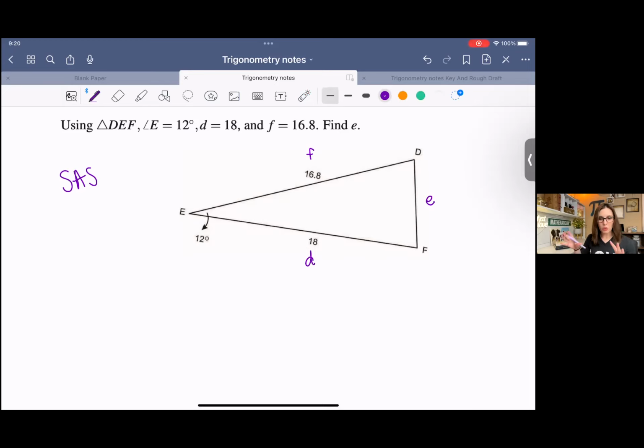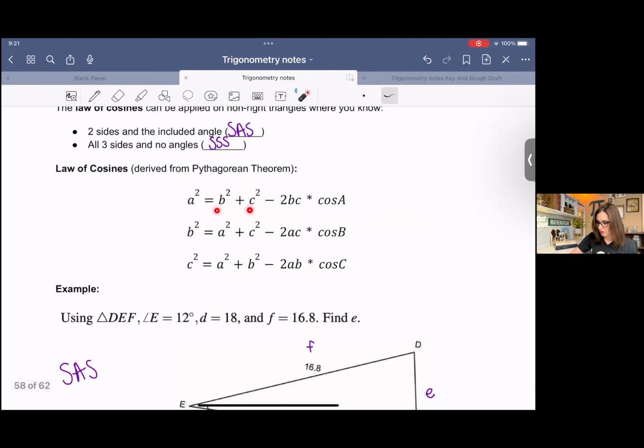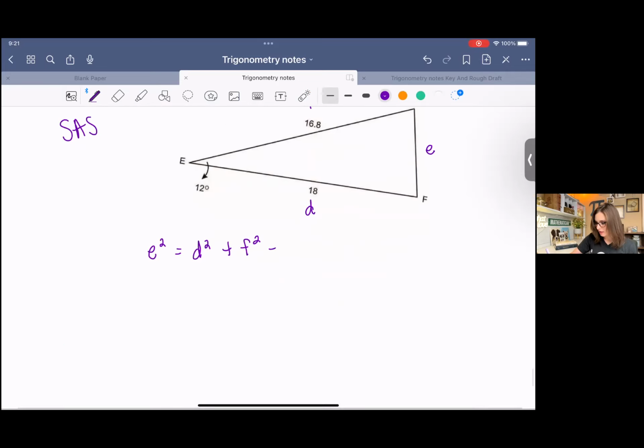So I'm just going to write it out with the variables, with the letters in there, and then we can plug in the measures. So E squared is equal to D squared plus F squared, from here, two squared sides added, minus 2DF times cosine of the angle given.